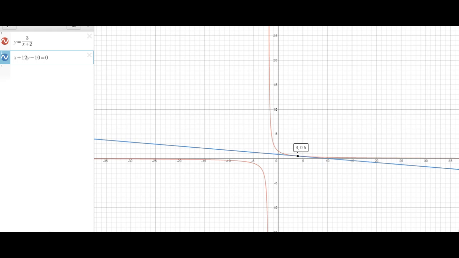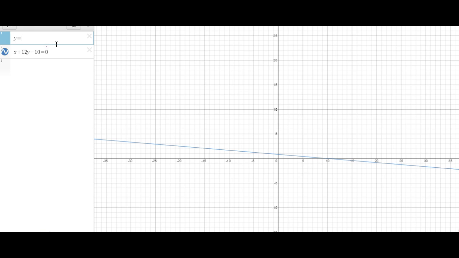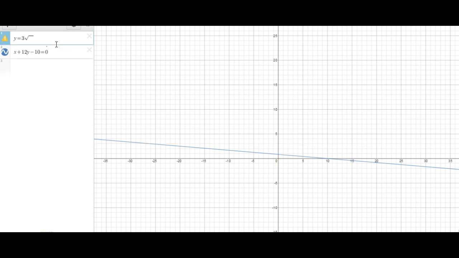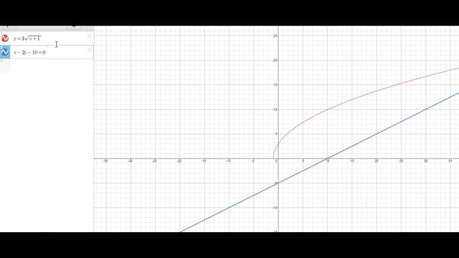Okay, I'll stick that back up in a sec. Let's just look at that. What did we have? 3 times the root of x plus 1, and what was that line? x minus 2y plus 10.